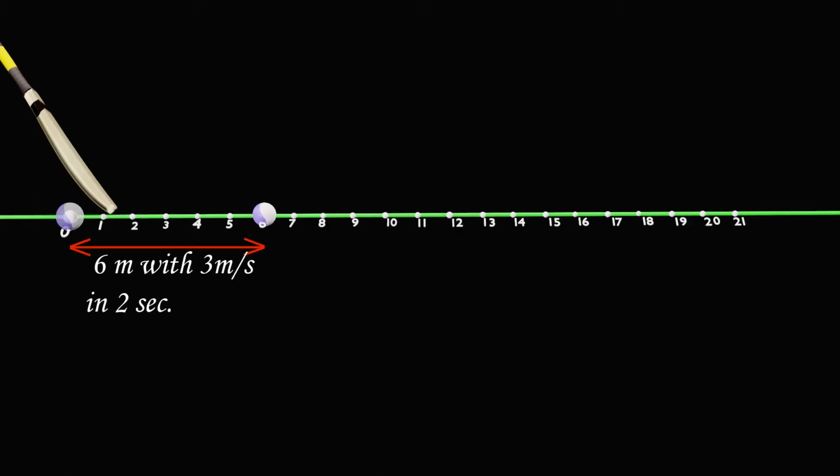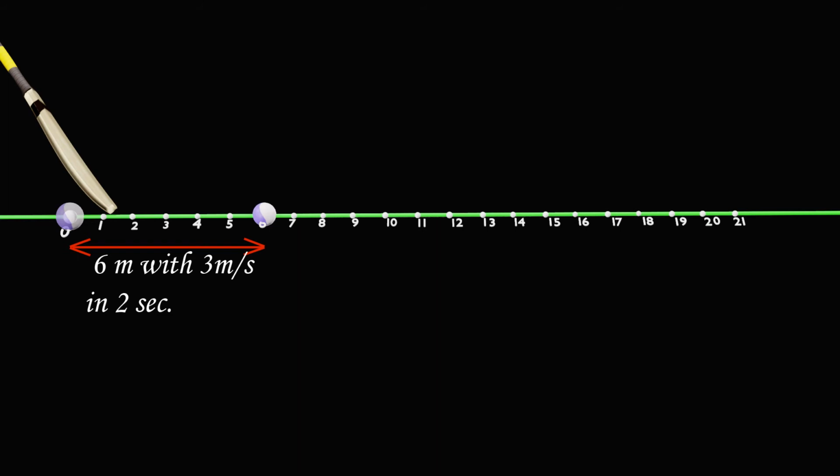You can see that the total distance traveled by the ball in the first 2 seconds with the speed of 3 meters per second is 3 into 2, that is 6 meters. Since its speed is 3 meters per second, it travels 3 meters in 1 second and hence 6 meters in 2 seconds. So, it will be at 6 meters from origin at 2 seconds.